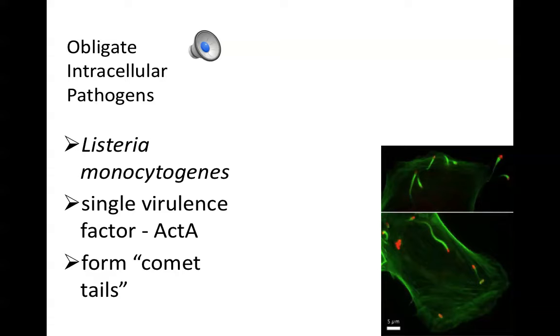These comet tails also propel these cells between our cells, particularly within tissues, which allows Listeria to remain hidden or unavailable to our own immune system factors, which try to target and eliminate any type of pathogenic organism. So Listeria is a very successful intracellular pathogen.